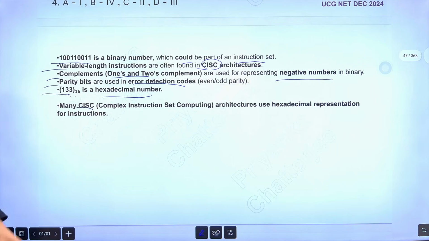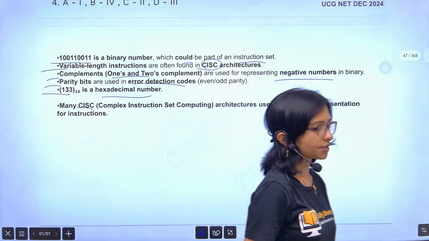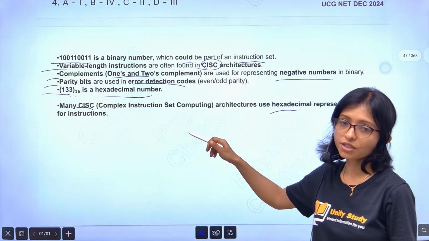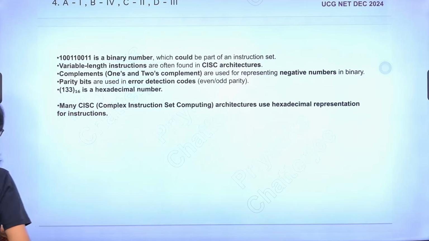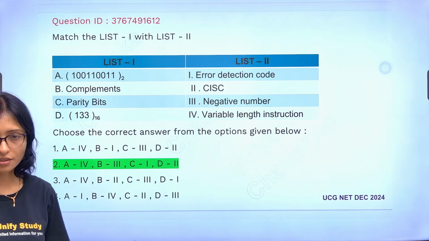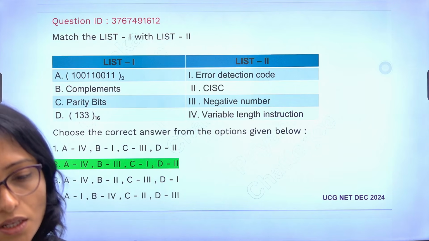Many CISC complex instructions use hexadecimal instructions. As they use hexadecimal instructions, that's why we can match with that. So option 2 is the correct answer. Okay, got it? Clear?